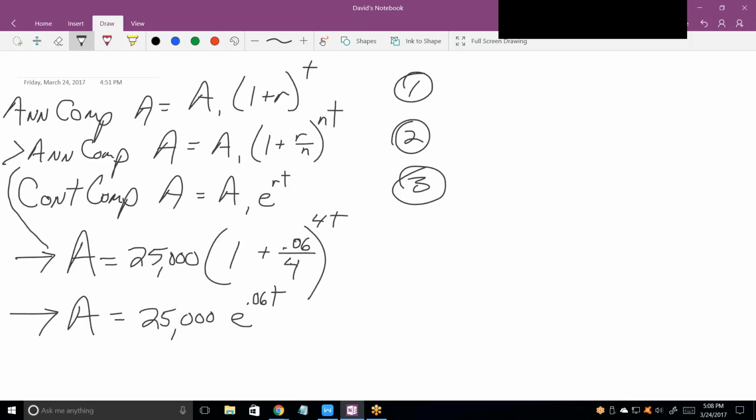So which method will double his money faster has to be the second equation, because they didn't change the interest rate. The interest rate stayed at 6%. They could have made it a little interesting if they'd have said 5.9%. But if they're giving you the same interest rate, well then continuous compounding always is better than non-continuous.